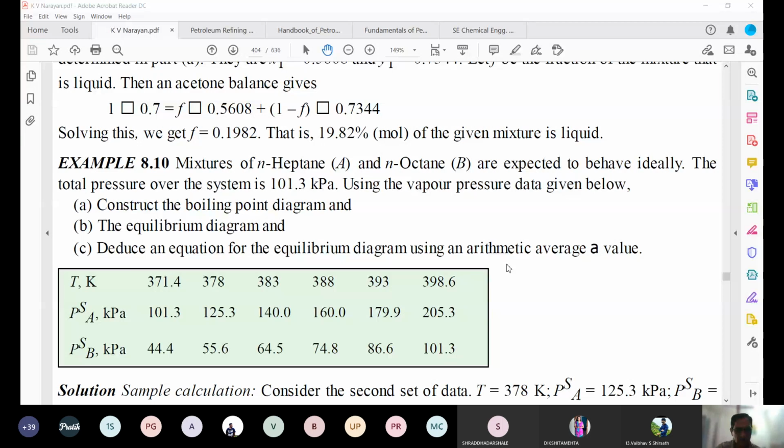Okay, reduce the equation using the arithmetic average. This should be alpha.